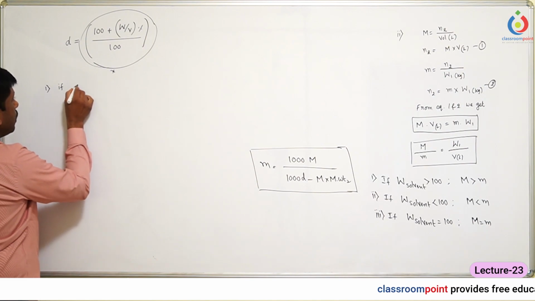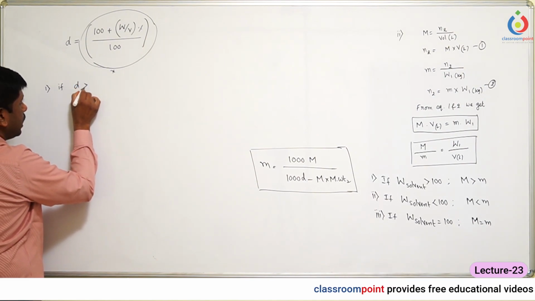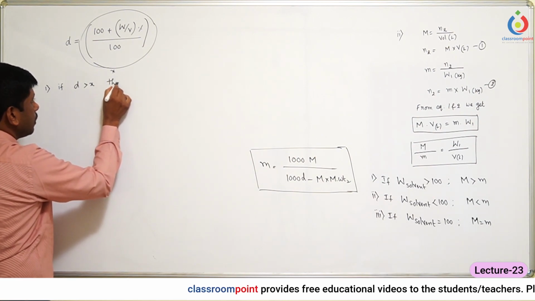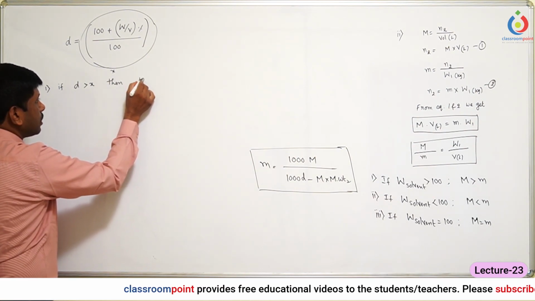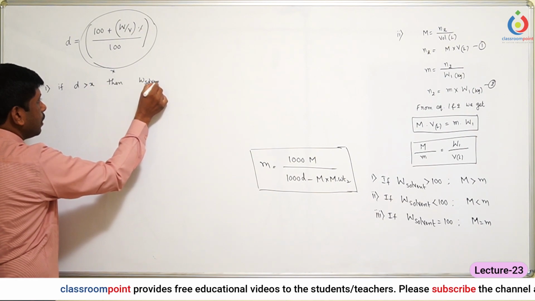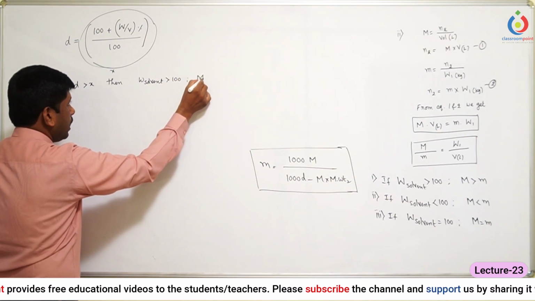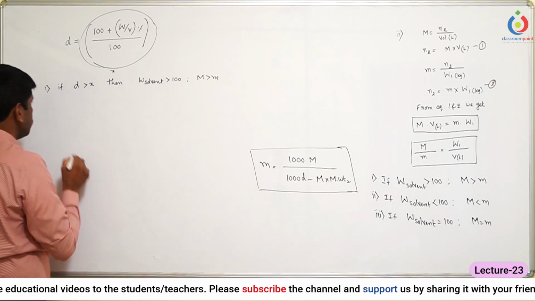If density is greater than the X value, then the mass of solvent is greater than 100, so molarity is greater than molality.